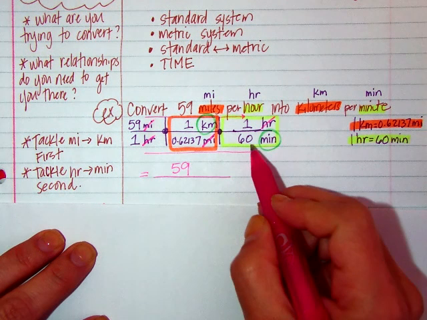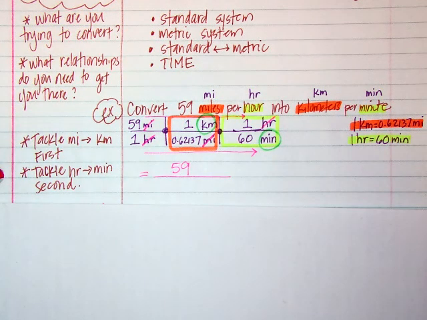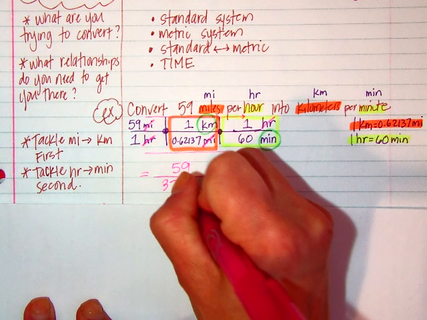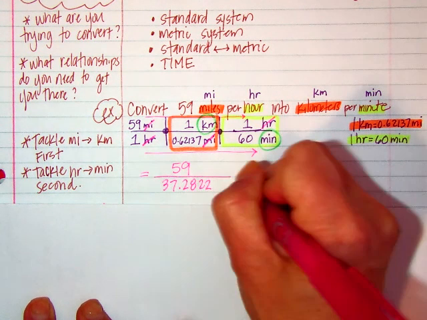So with your calculator, go on ahead and multiply that. Okay, so we got that 1 times 60 times 0.62137. And that's going to give me a 37.2822.